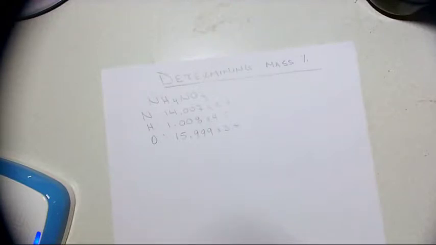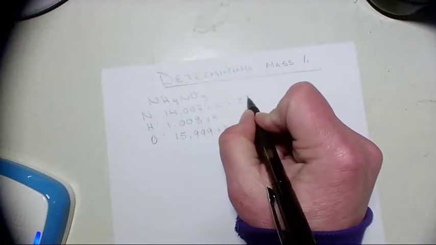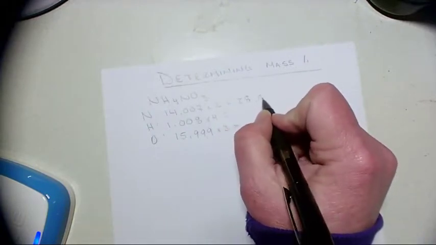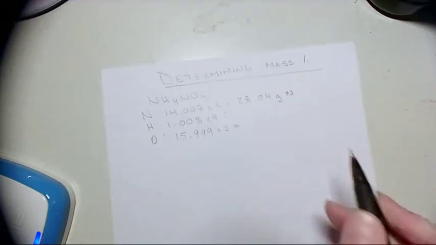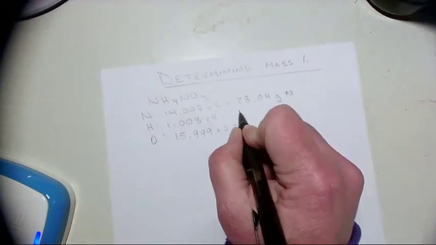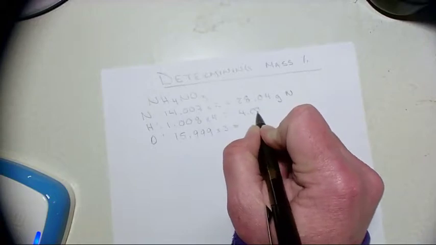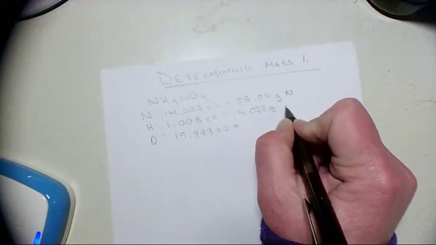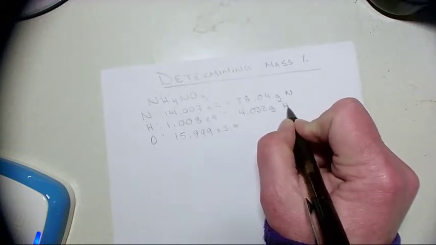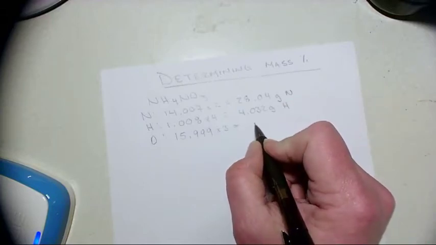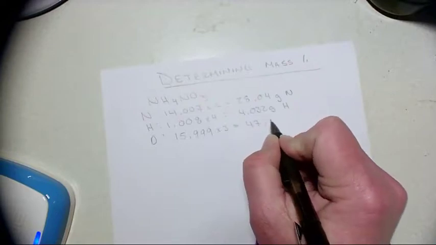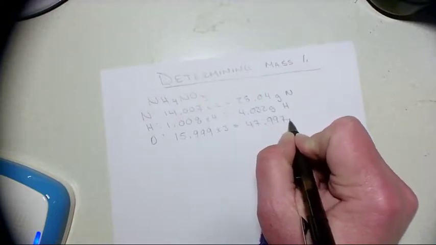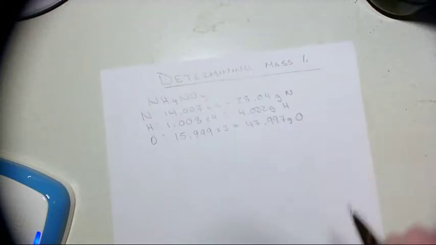I went ahead and punched it in, and I found out that we have 28.014 grams of nitrogen, we have 4.032 grams of hydrogen, and we have 47.997 grams of oxygen.